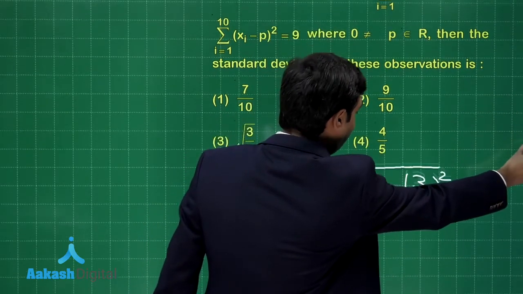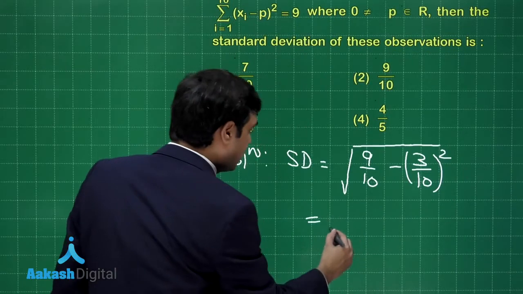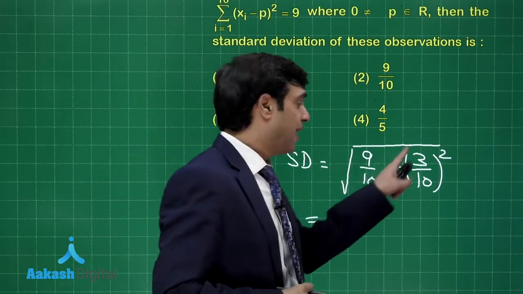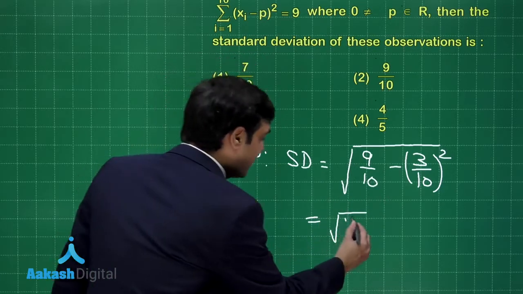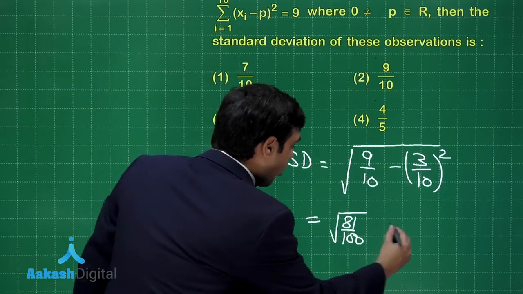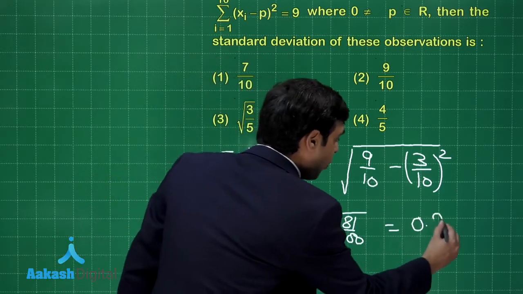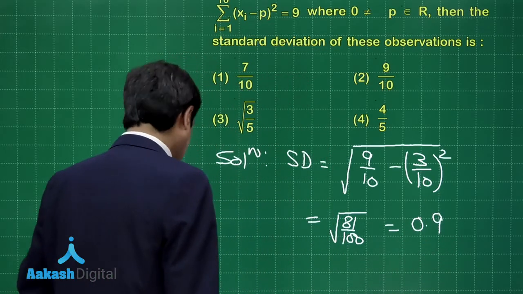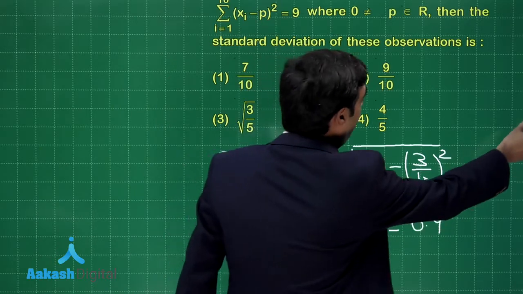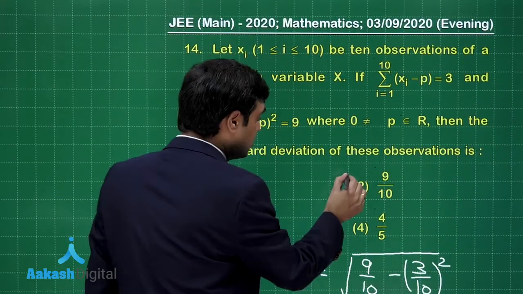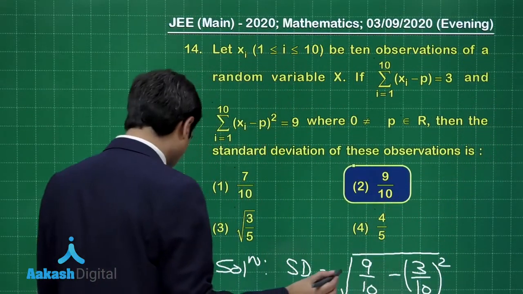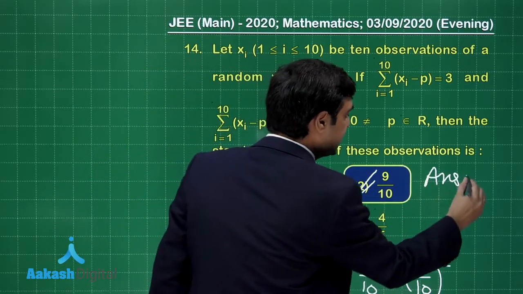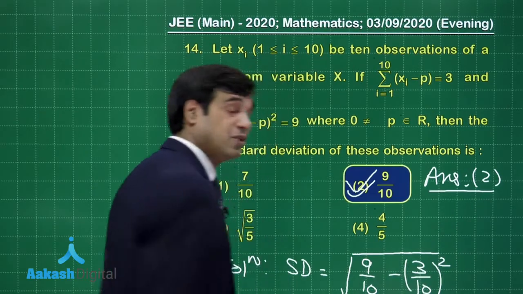So here we can see this is equal to square root of 90 by 100 minus 9 by 100, that is 81 by 100, or simply 0.9. So the required result is 0.9 or 9 by 10. When you look at the options, it is given in the form of 9 by 10. So the correct answer for this question is option number 2. I'm sure this is clear.